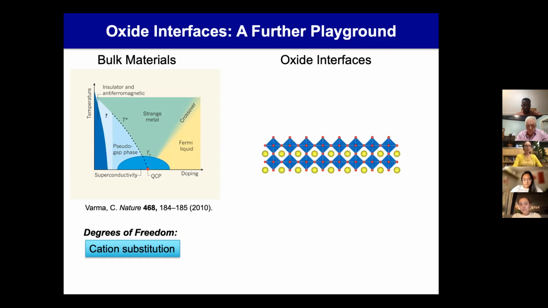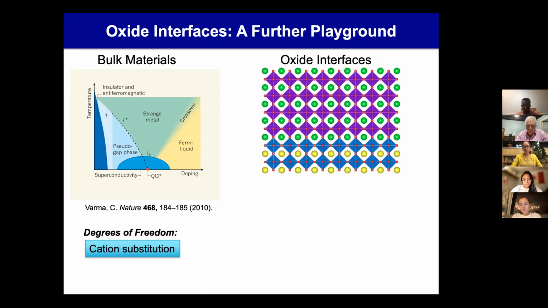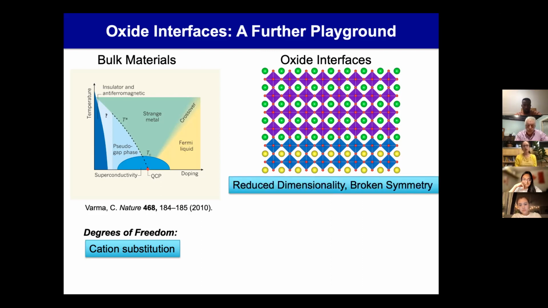But when we start to think about thin films, we can think about layering materials on top of each other. And we have a whole playground of additional degrees of freedom and ways to think about optimizing properties, where we can think about the interface between the two materials as being the location where the new physics might happen. There are a number of different knobs you can play with there. You can think about reducing the dimensionality of the system.